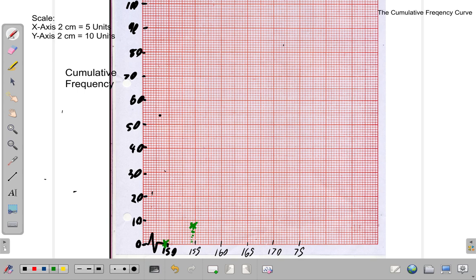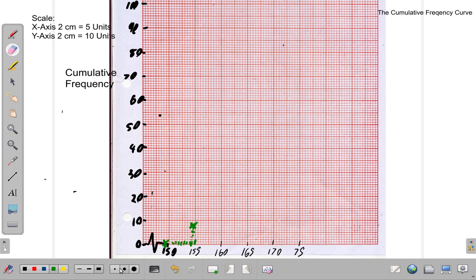You can see them here. 1, 2, 3, 4, 5, 6, 7, 8, 9, 10 small squares. That means you have 5 units divided into 10. So 5 over 10, 0.5. Each of them represents 0.5.